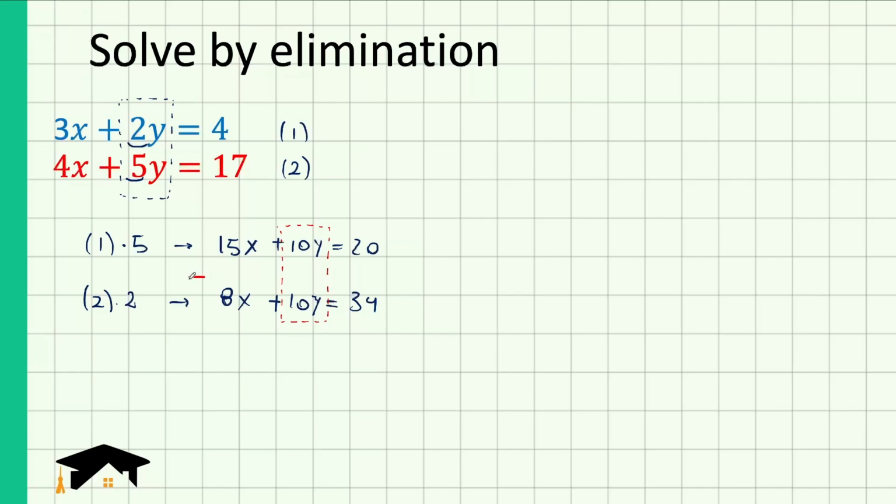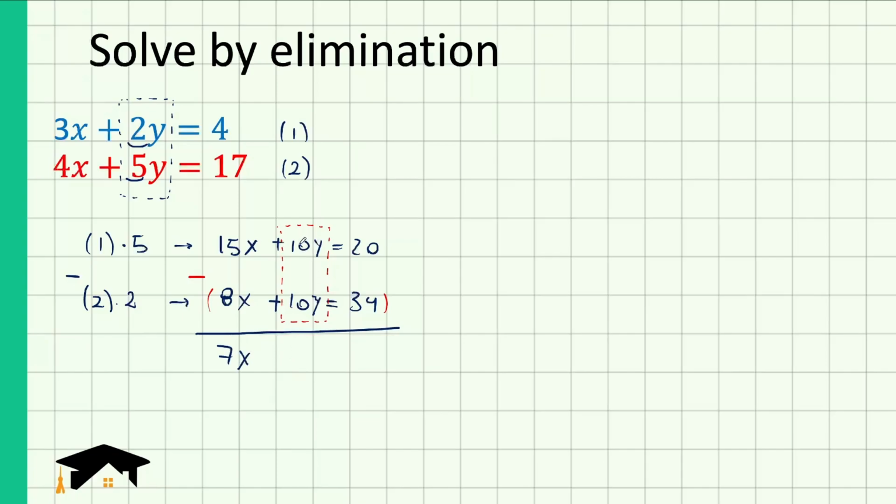When we subtract, remember that this minus sign is applied to all the second equation. So we have to change all the signs in here. So let's do this calculation. 15x minus 8x is 7x.